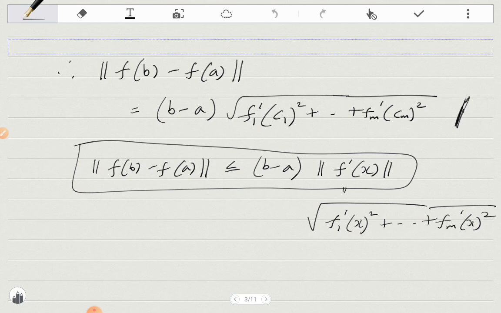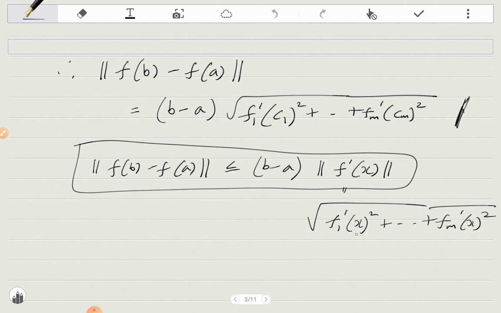But there's a big difference between this and what we are aiming for. What we want is the norm of f(b) minus f(a) less than or equal to (b minus a) times the norm of f prime of x, which, if you write it out, will have to look like f1 prime of x squared and so on.